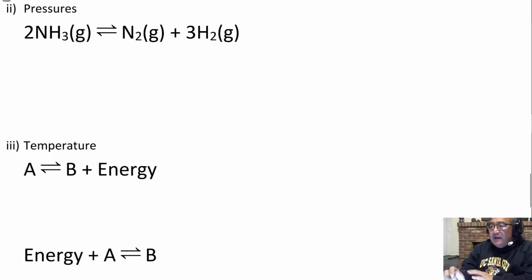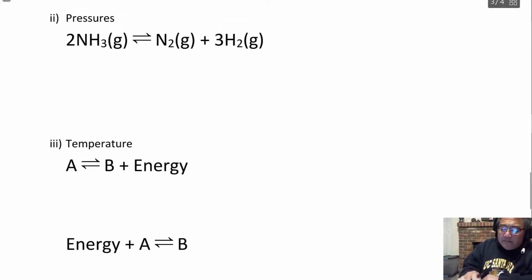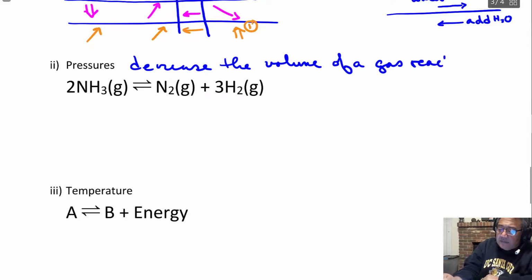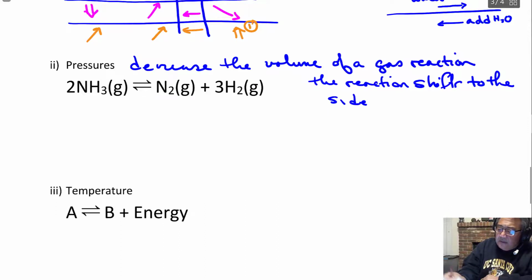But he basically said when you decrease the volume of a gas reaction, the reaction shifts to the side with fewest moles.